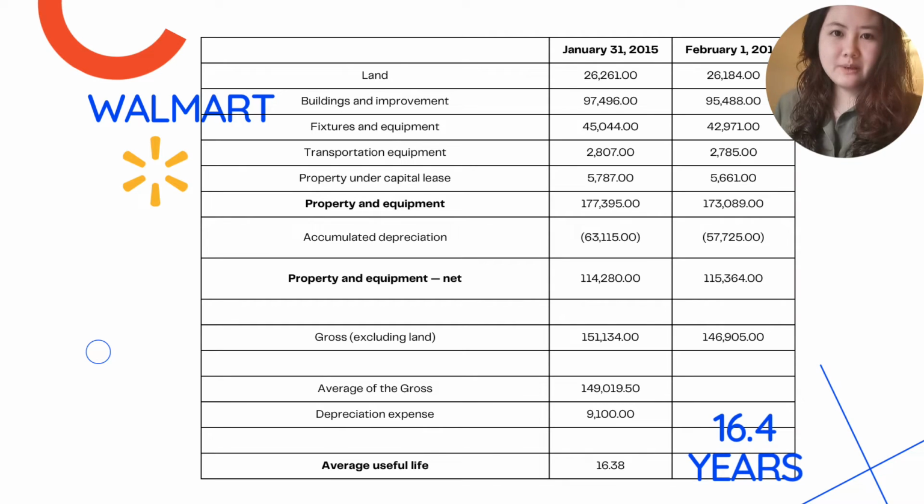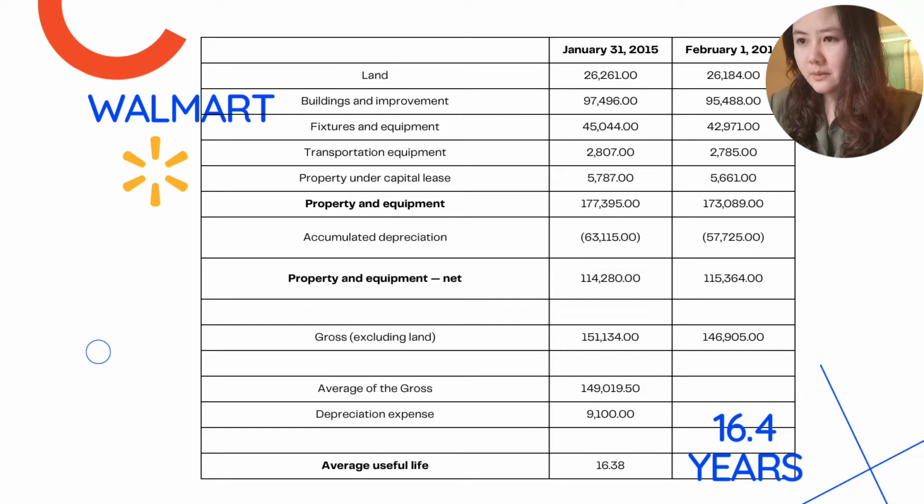So now we're going to be doing the exact same for Walmart's assets so that we can calculate its useful life in years. That is, we're going to be taking the gross values for property and equipment for Walmart, that is before accumulated depreciation. So we can see here we'll be including all of the values except for land.